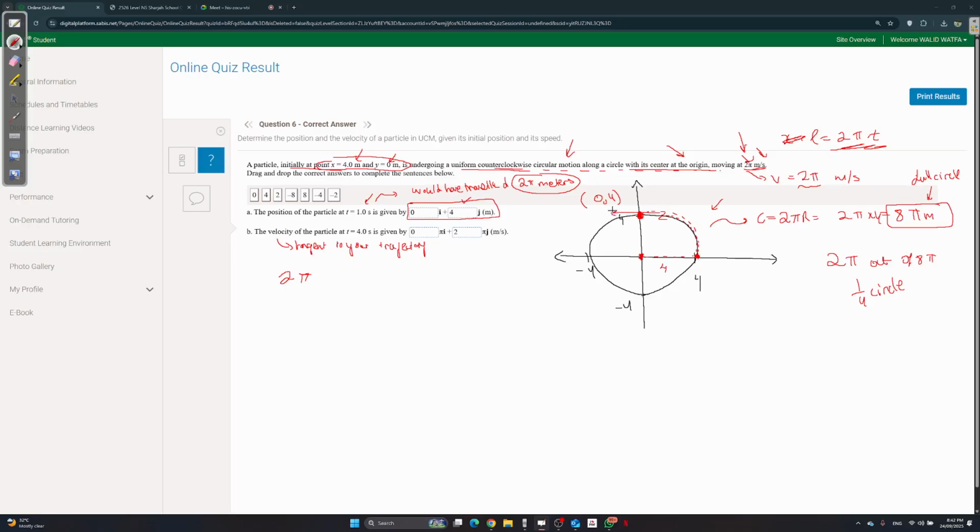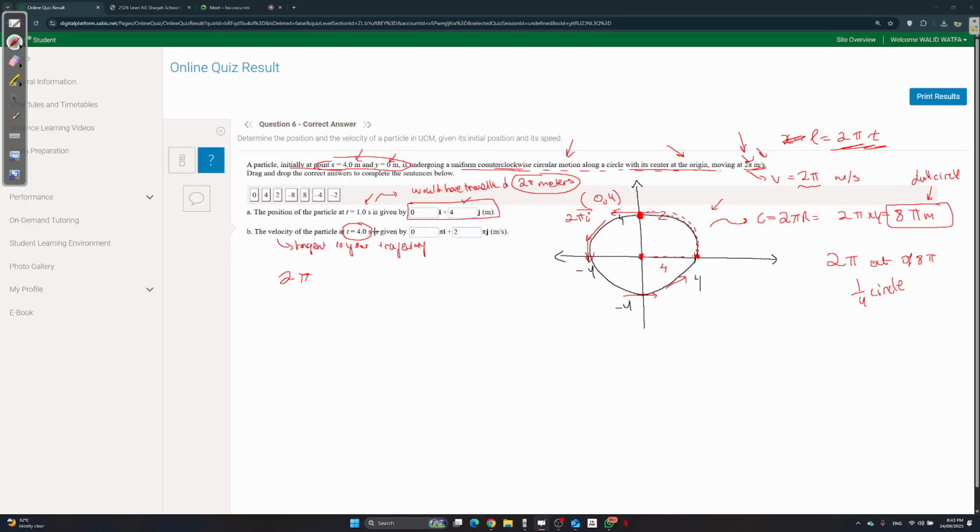Like this, right? And in this case it would be 2 pi i, because it's horizontal. Let's say I was here, it would be a mix between i and j. If I was here, it would just be j because it's vertically downwards. Here, again just i because it's horizontal. Here it's a mix. They want t equals 4 seconds.